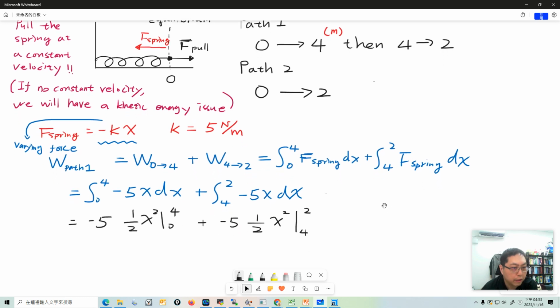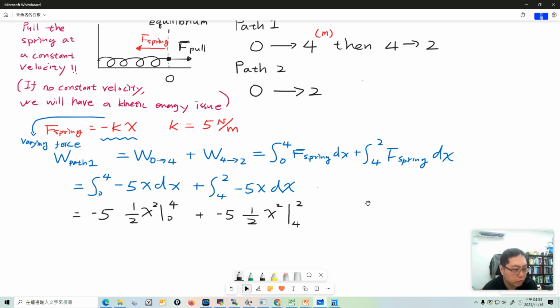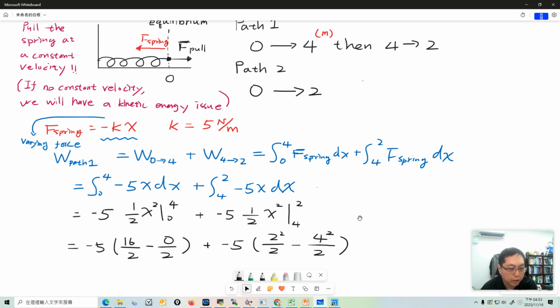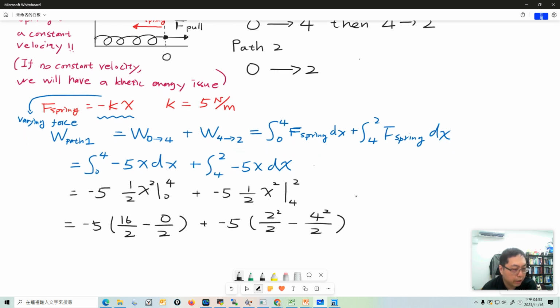Okay, so I think we are almost close. So this is minus 5 times 1 over 16 minus 1 over 0, and plus minus 5 times 1 over 2 times 2 squared minus 4 squared. Okay, so this is 8.